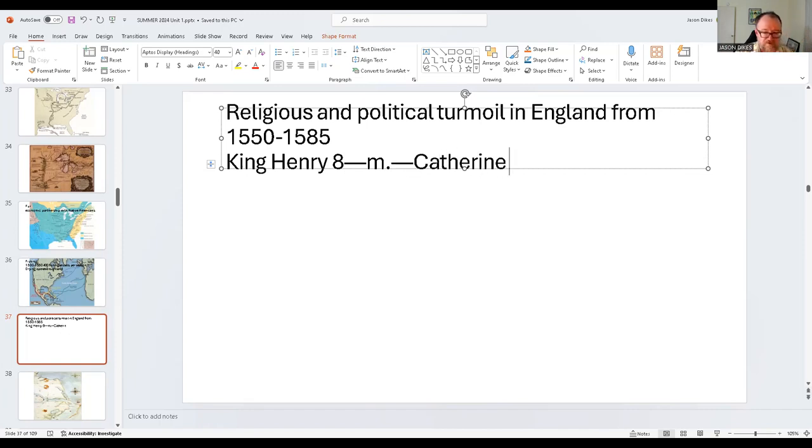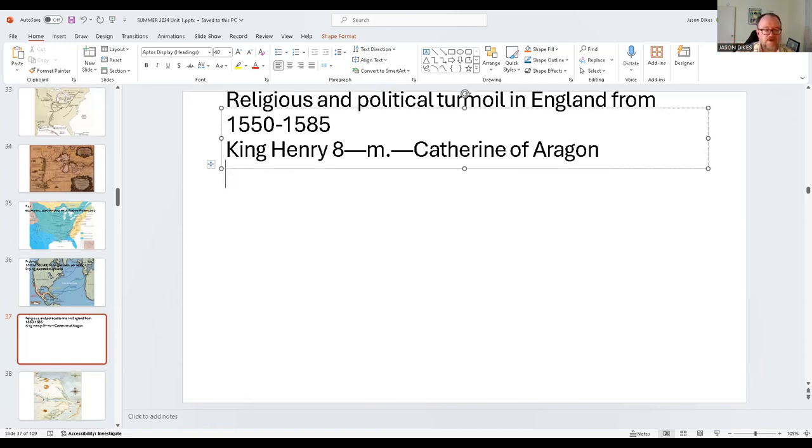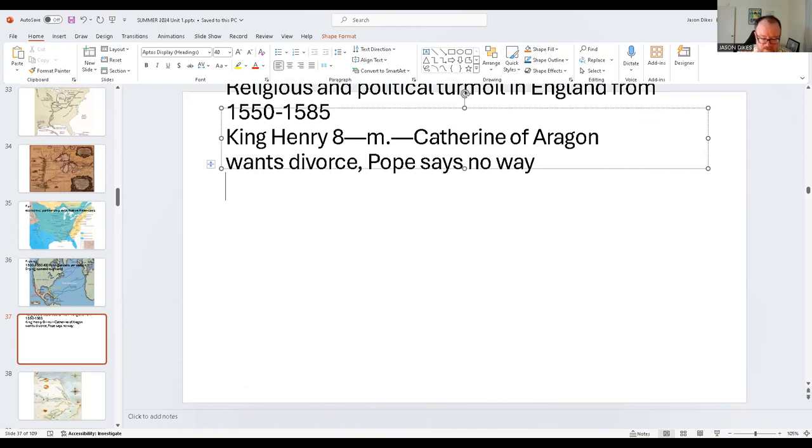This was Catherine of Aragon. And she just kept having one daughter after another. So Henry wants a divorce. The Pope says, no way. So Henry does a completely reasonable thing and simply breaks England.